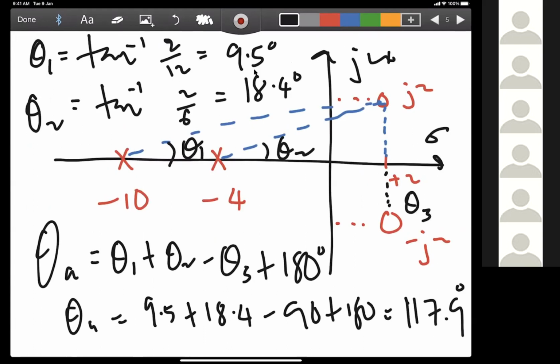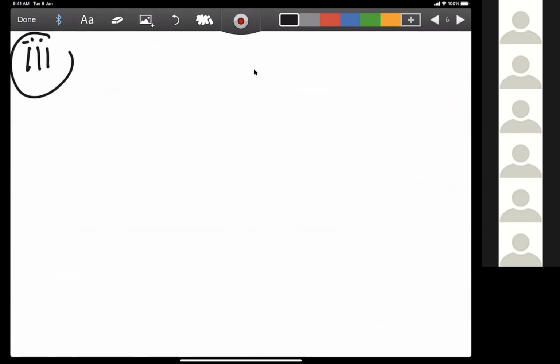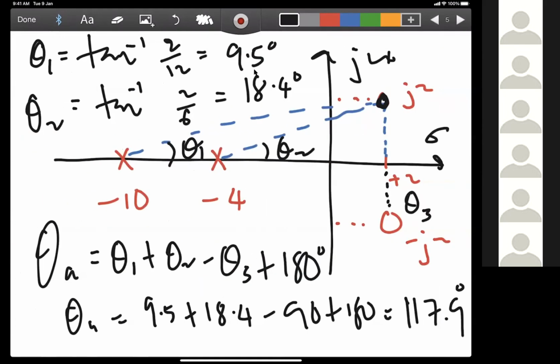What's the reference point? The reference point is at 2j. Why do you choose that as the reference point for the angle?